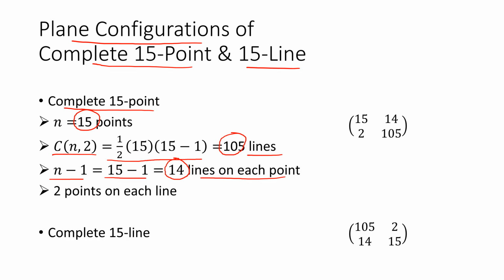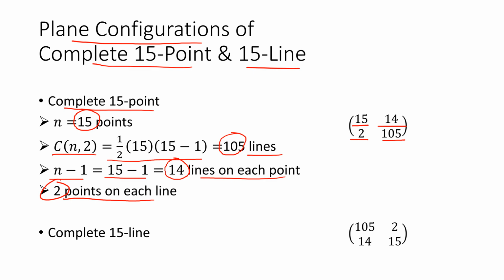And again, for any complete endpoint, we only have 2 points on every line. So for the plane configuration, we have 15 points, 105 lines, 14 lines on each point, and 2 points on each line.